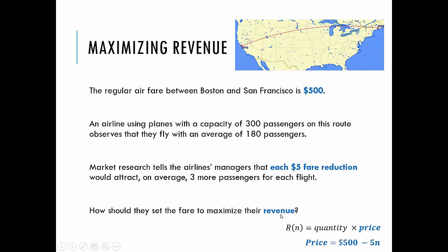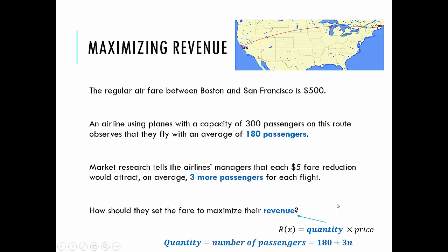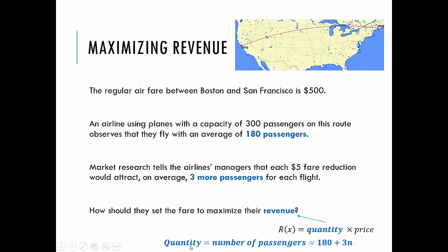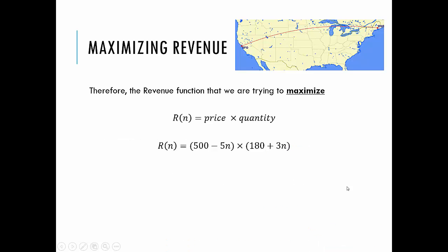Because remember, we find revenue by quantity times price. The quantity would be the number of passengers, 180, plus 3 more passengers for every time we have this price reduction. So if I go back to my price, 500 minus 5n, and my quantity, 180 plus 3n, that's how I come up with my revenue.